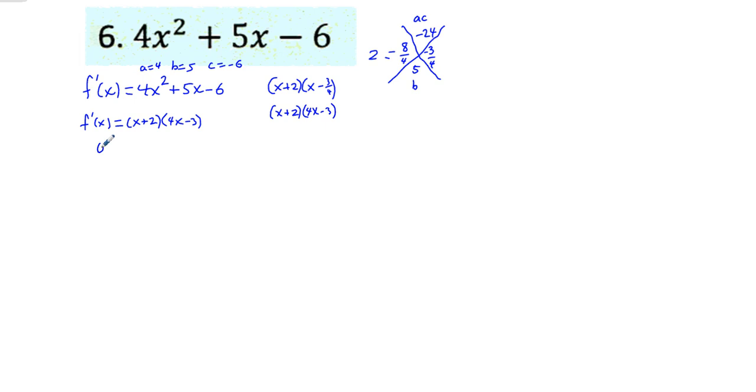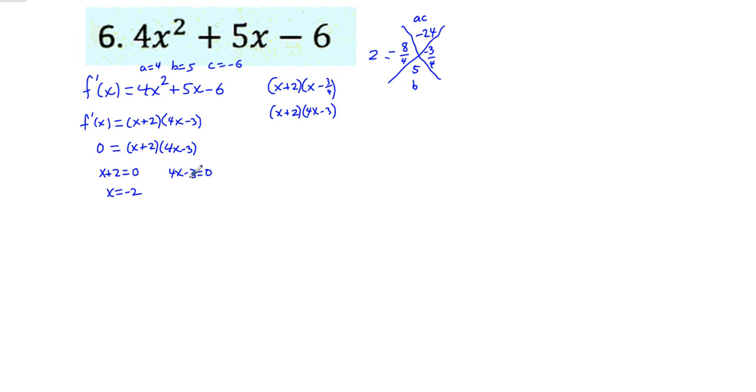And so setting f prime of x equal to 0, we have 0 equals quantity x plus 2 times quantity 4x minus 3. We can use the zero factor property to solve for x. We have x plus 2 is equal to 0, and the other factor is going to be 4x minus 3 is equal to 0. And solving for x is equal to negative 2.